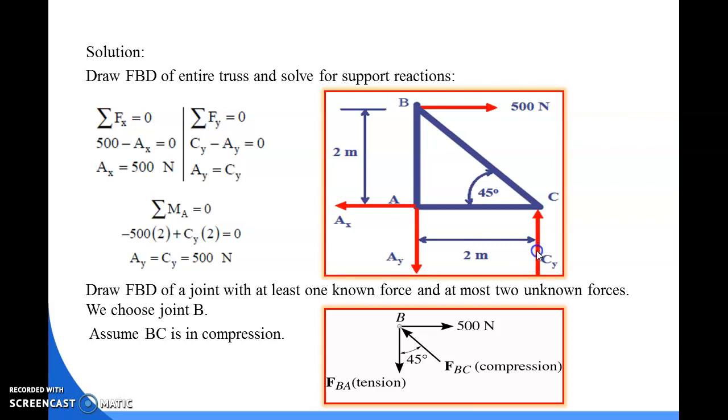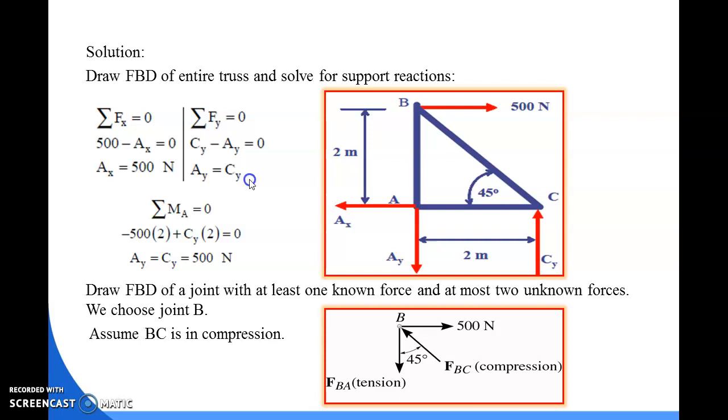So the net summation of these two reactions is written as CY minus AY is equal to 0. Hence, AY is equal to CY.